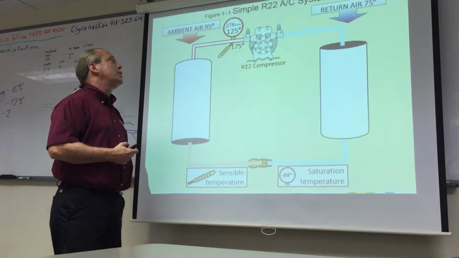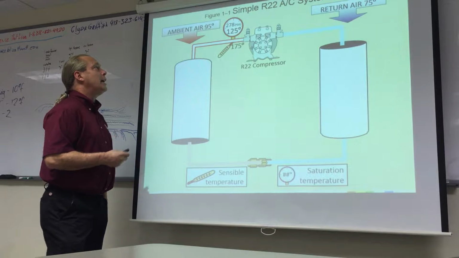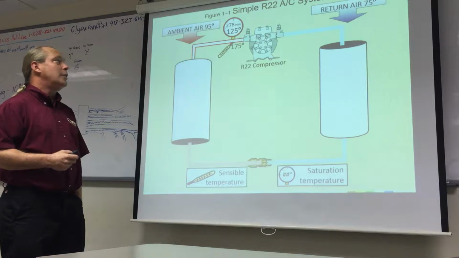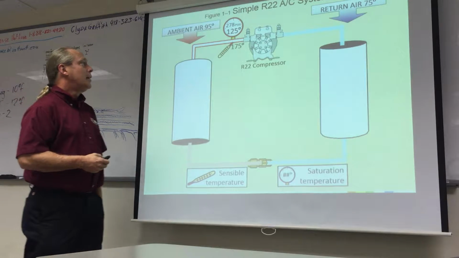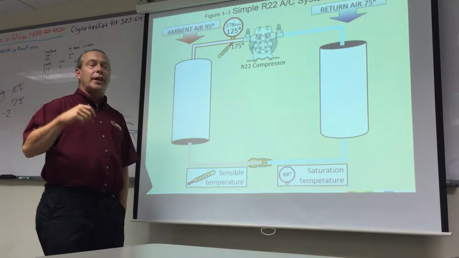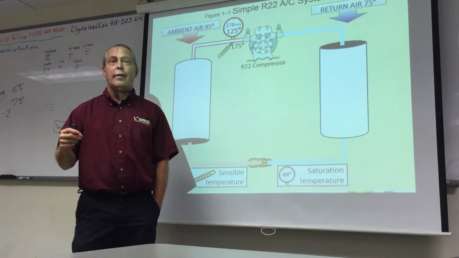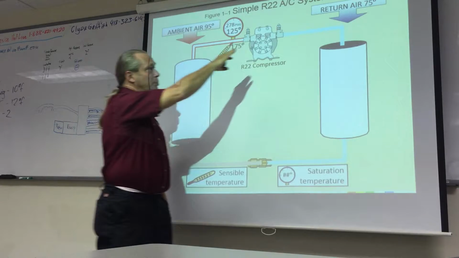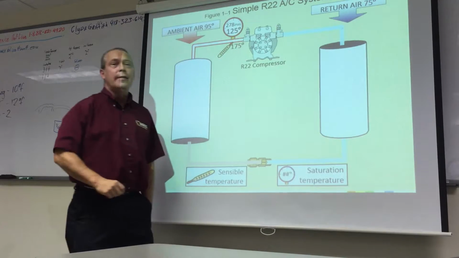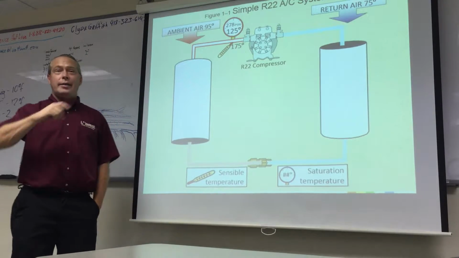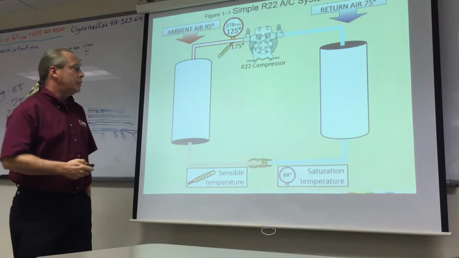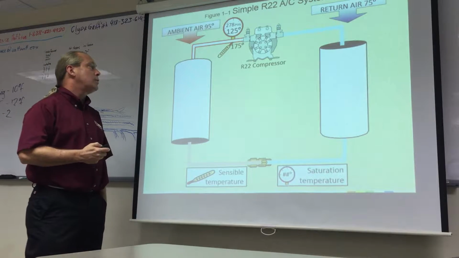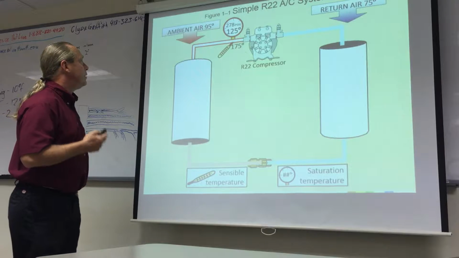Coming out of the compressor, we've got 278 psig and 125 degrees. Of course, coming out of the compressor, we've got the heat of compression to deal with, our superheat from the other side, and the heat of the compressor itself, the heat of work, let's call it.